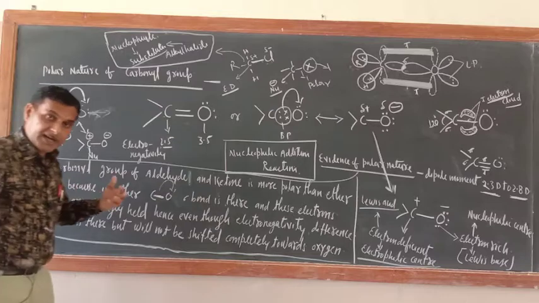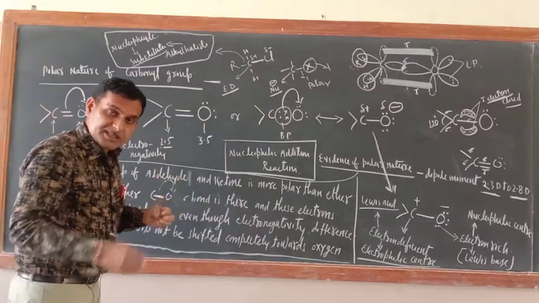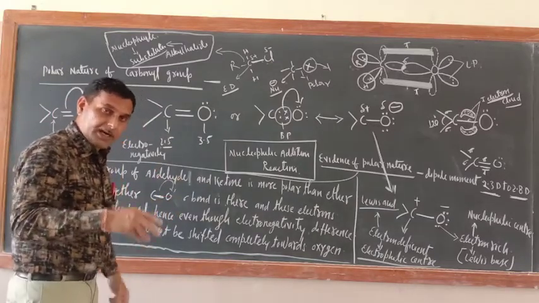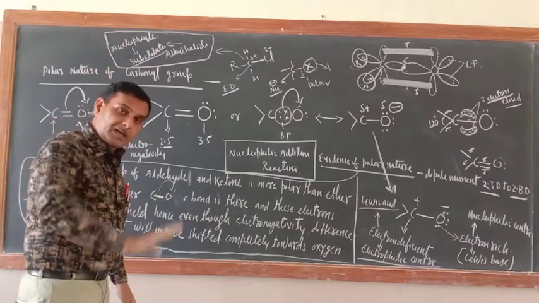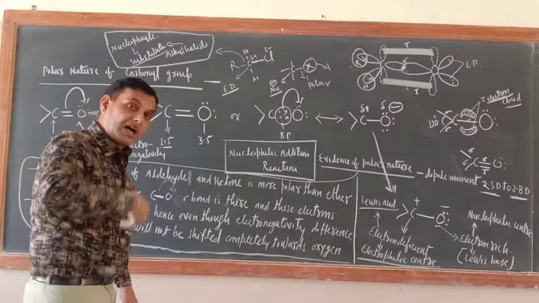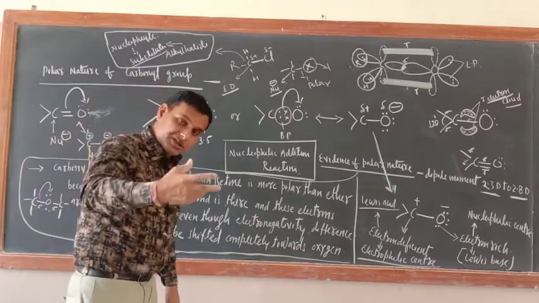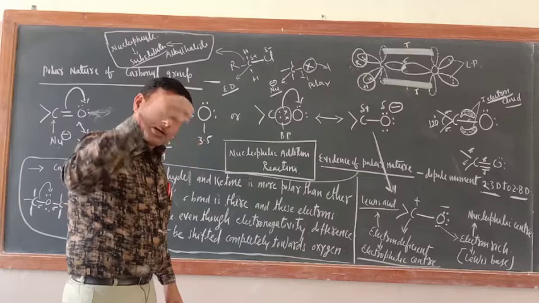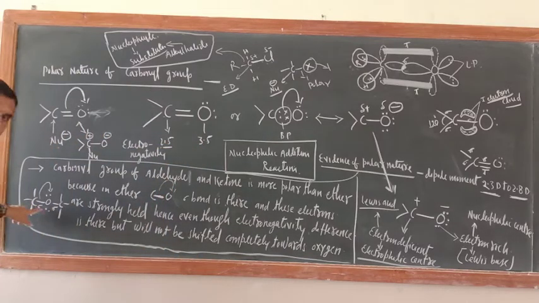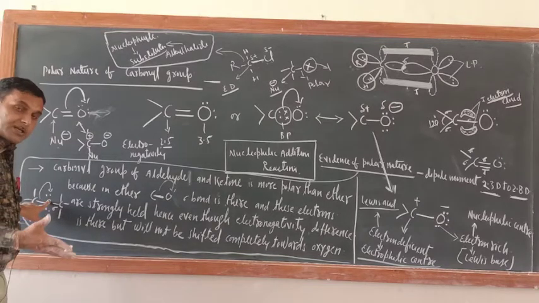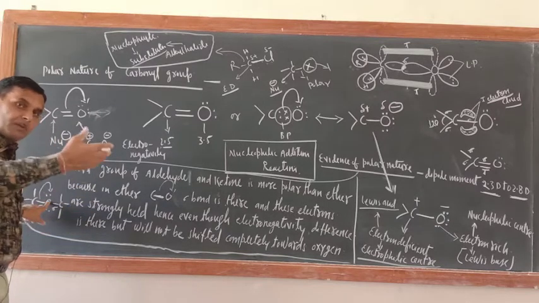Polarity arises when there is a difference in electronegativity of bonded atoms, where one should be highly electron rich and another highly electron deficient. In the ether case, since sigma electrons are strongly held, they will not be completely shifted toward the oxygen, so oxygen will not have a large number of electrons.